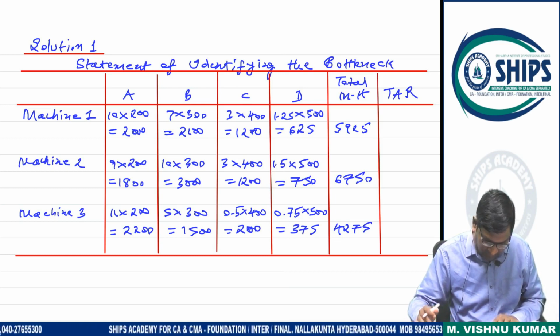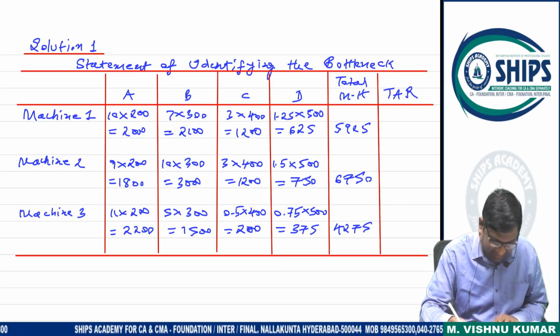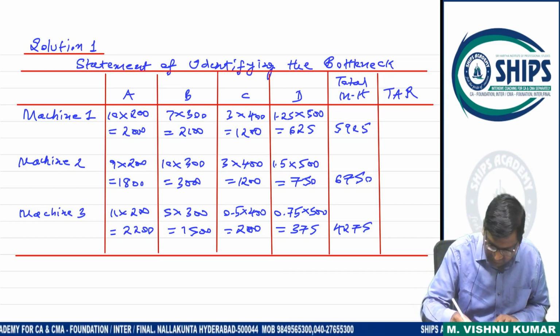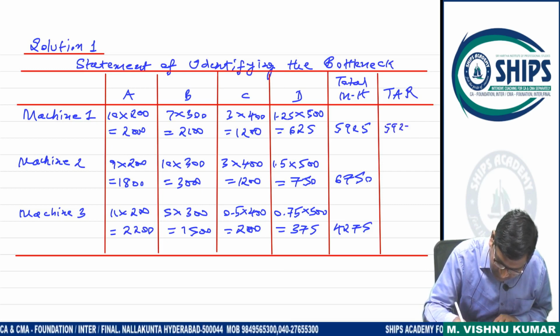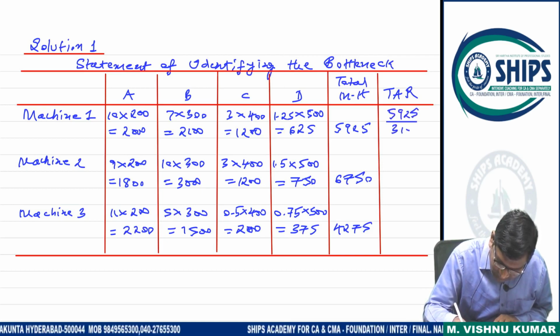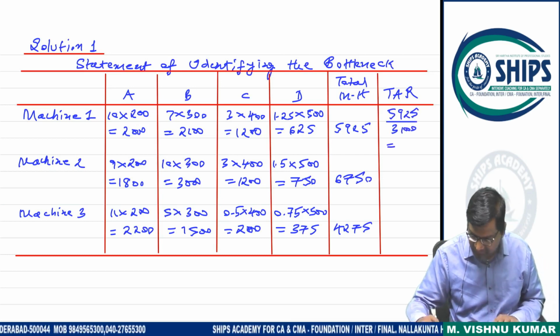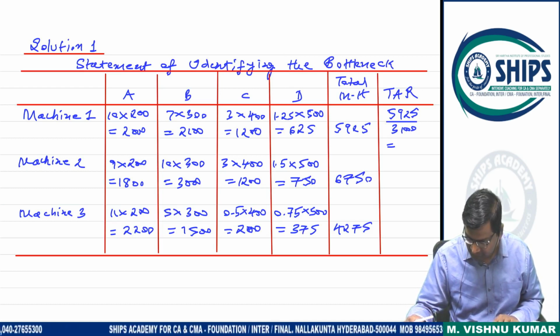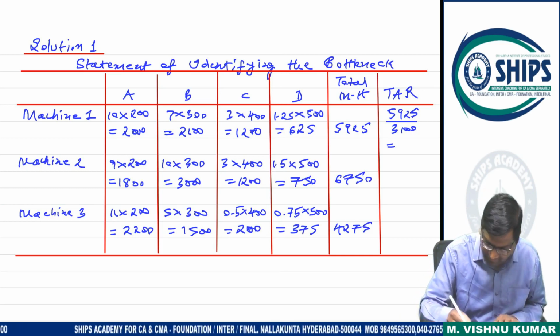Yes. Now total hours available is 3100. So we have to calculate throughput accounting ratio here. So 5925 divided by 3100 is 1.91.